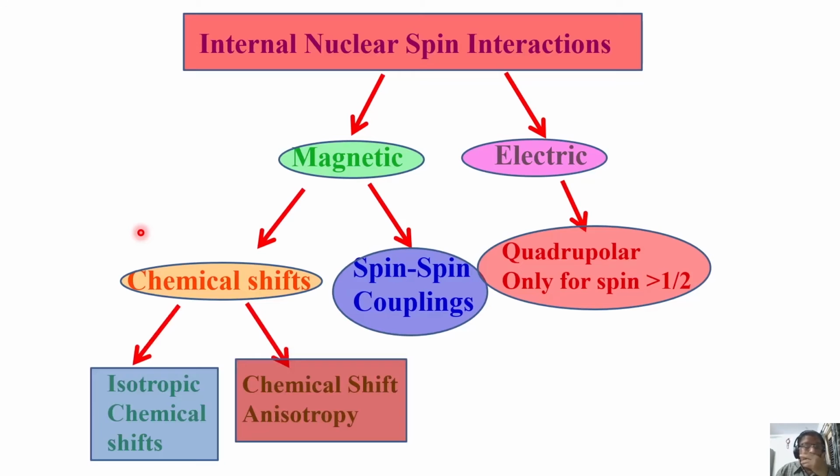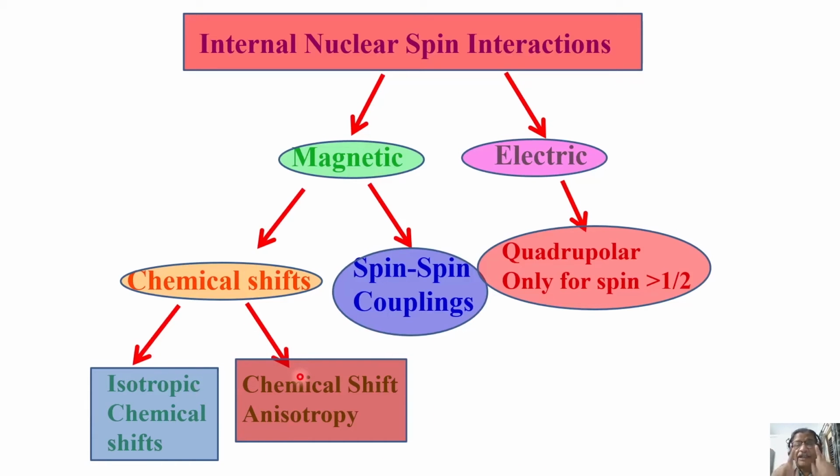Okay. Now, if I go further, this internal magnetic interaction, like for example chemical shifts, can be further divided into 2 types. One is isotropic chemical shift, the other is chemical shift anisotropy.